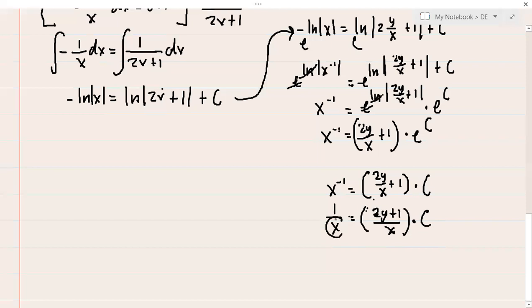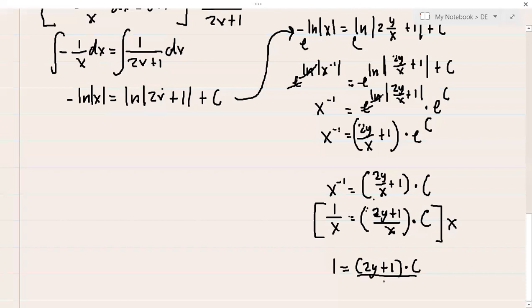Bakit? Para makancel natin si x on both sides. By multiplying x on both sides, we will have 1 is equal to quantity 2y plus 1 times c. So, you can leave this as your final answer.